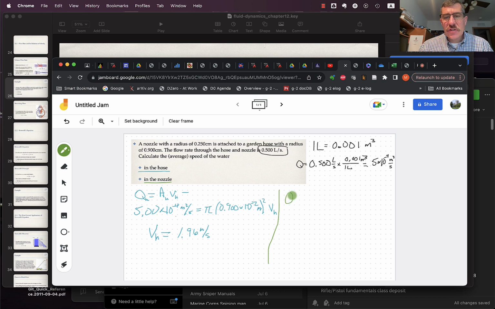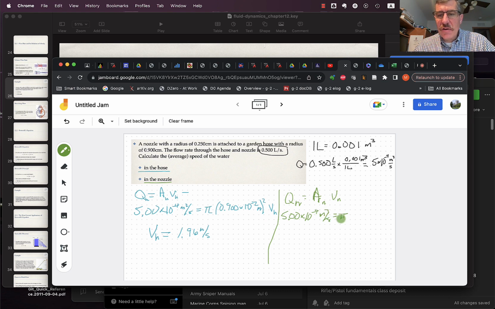So in the nozzle, the volume flow rate is going to be the area of the nozzle times the velocity of the fluid in the nozzle. Now, the continuity equation says that the volume flow rate has to stay the same. So I've got the same volume flow rate, 5 times 10 to the minus 4 cubic meters per second.